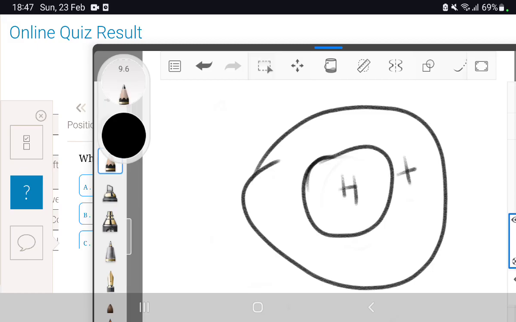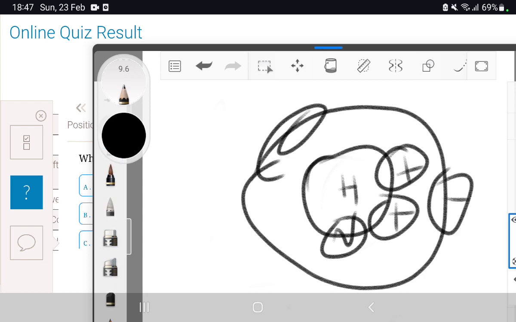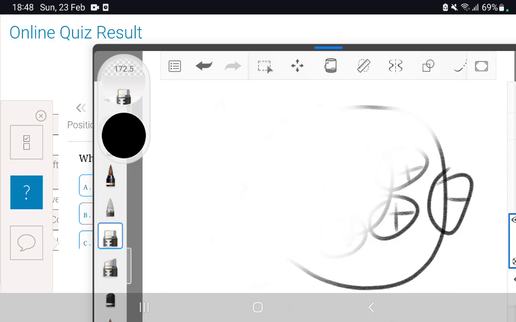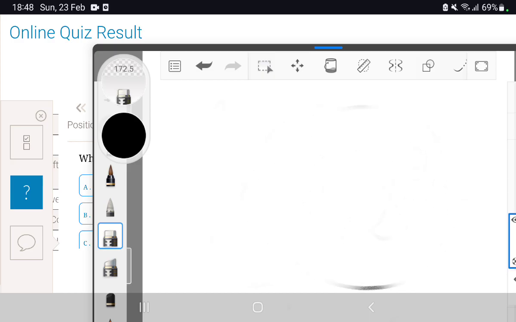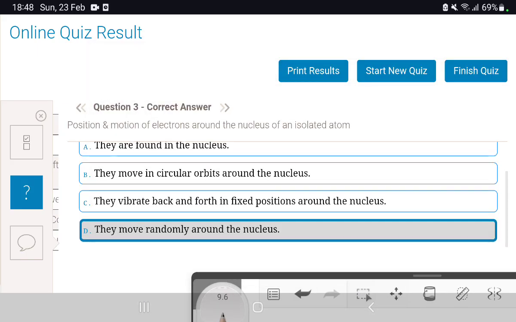We have protons here, neutrons here, and then here we have electrons, which move rapidly, unlike protons and neutrons, which don't move freely, they almost rotate.